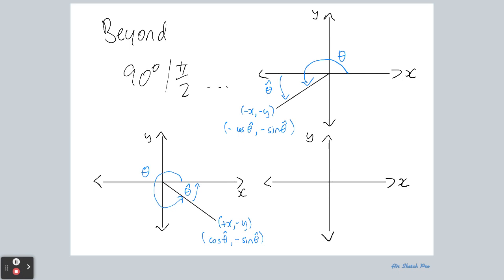So what we've been able to achieve from this is any angle from 0 to 360, really, and have a legitimate idea about what sine and cosine would be for those angles.